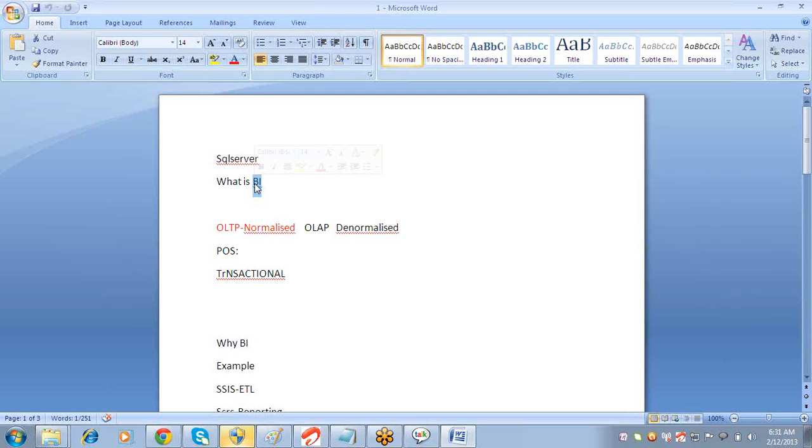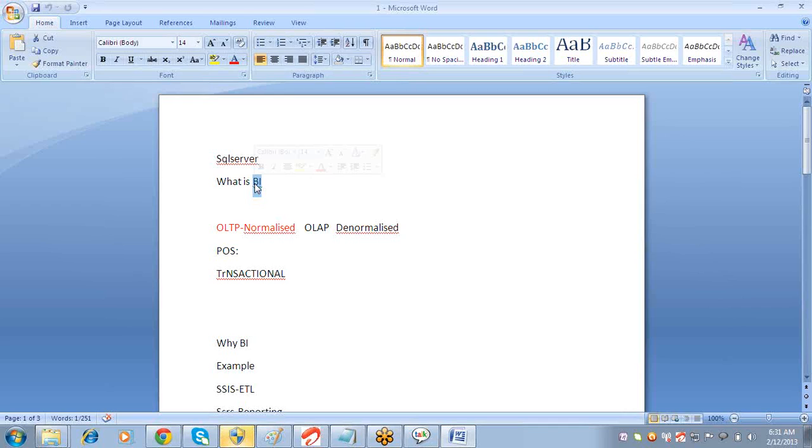But later on, as the market grew and grew, they found the need for BI, and that's how they incorporated SSIS, RS, and AS.